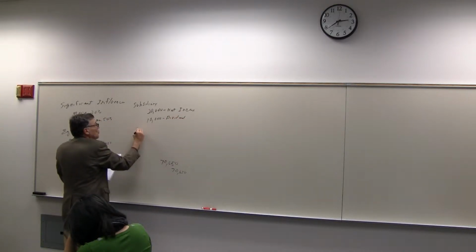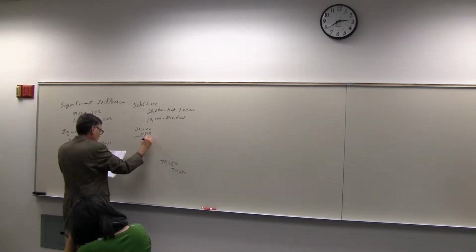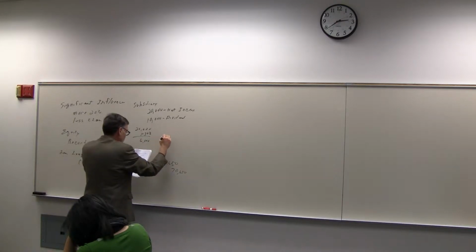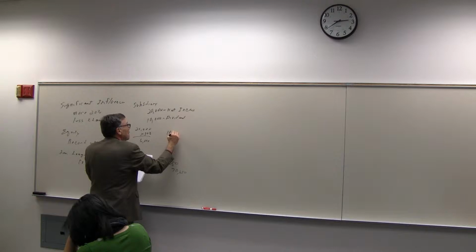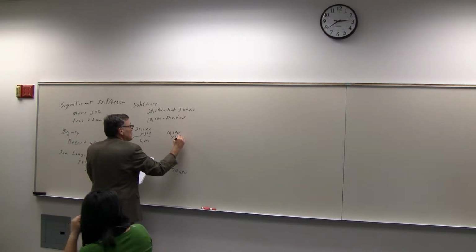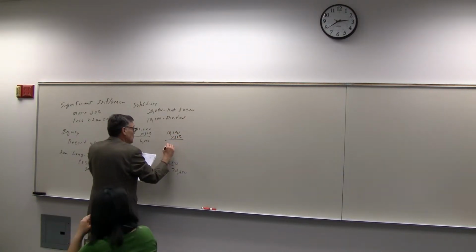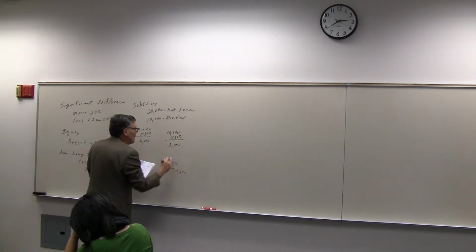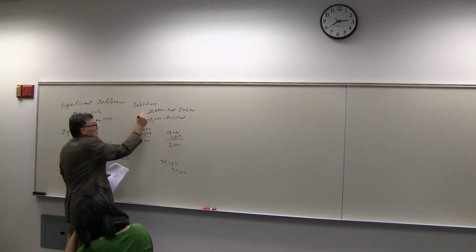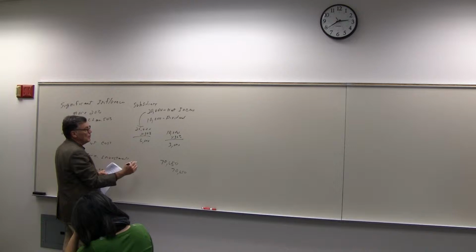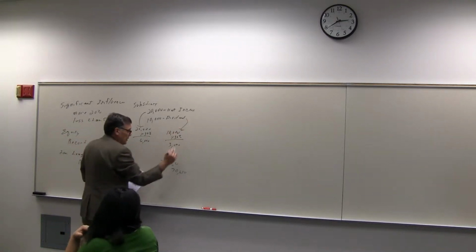So, 20,000 times 30%, that comes to 6,000. And then you have 10,000 times 30%, that equals 3,000. So this is the portion of the net income, this is the portion of the dividend.